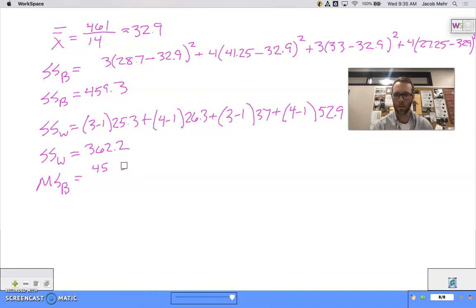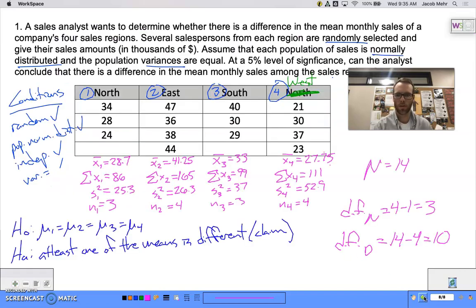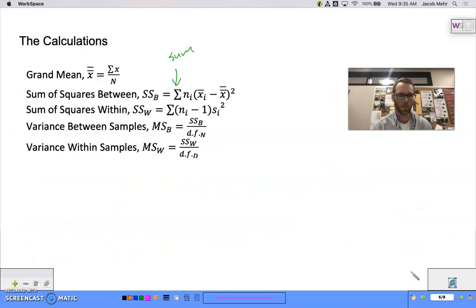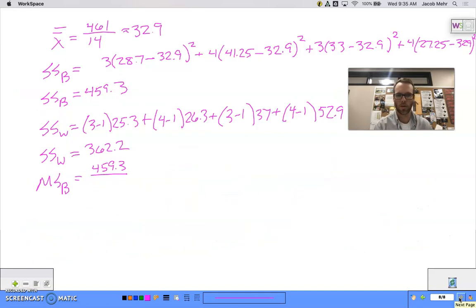Oh, I got my decimal in the wrong spot. Over degrees of freedom from the numerator, which is 3. And it gives us 153.2.